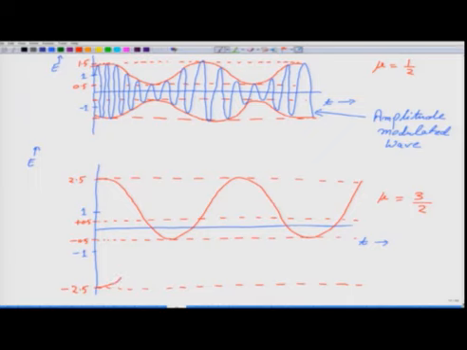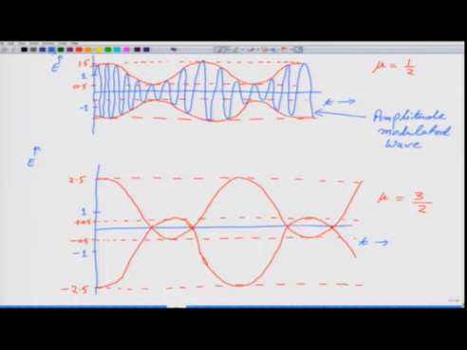Similarly from the negative side also it will go like this and it will attain its minima here, and this has to join here. So let me redraw it. So it will be like this.